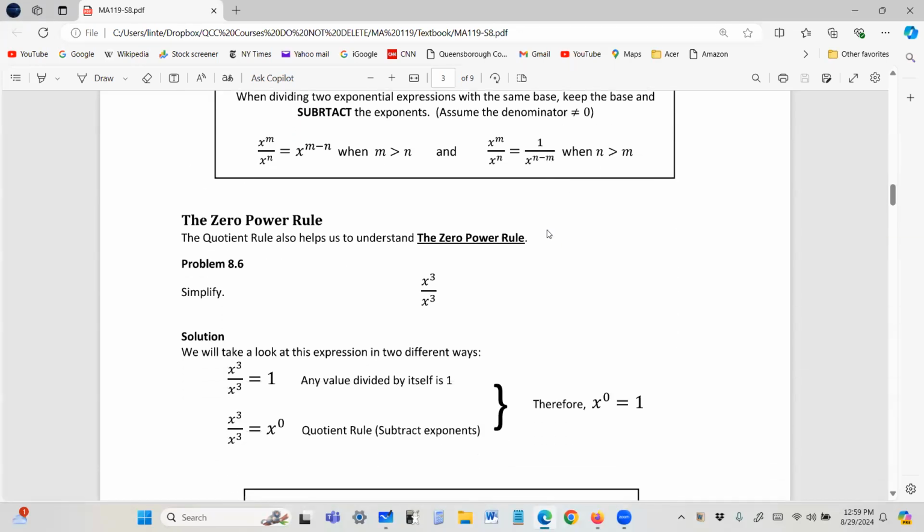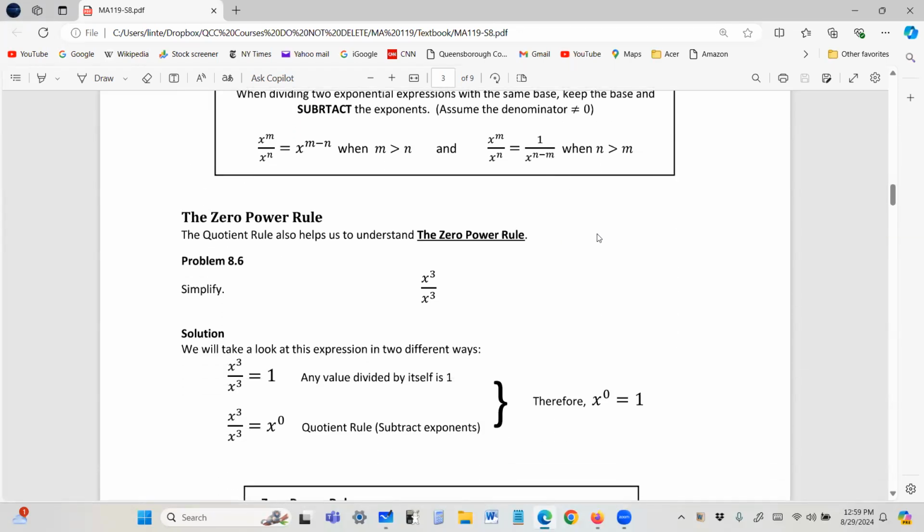And the last rule, this is probably the simplest rule, is the zero power rule, but it's just the zero exponent rule, right? So if I have, as you can see here under the solution, x to the 3rd over x to the 3rd, by the quotient rule we would have 3 minus 3, which is 0. So x to the 0.